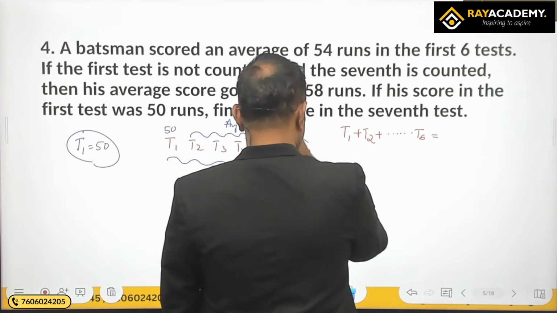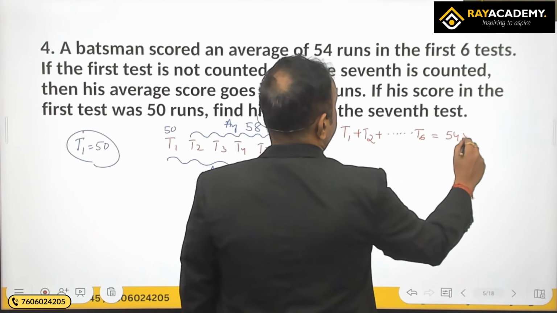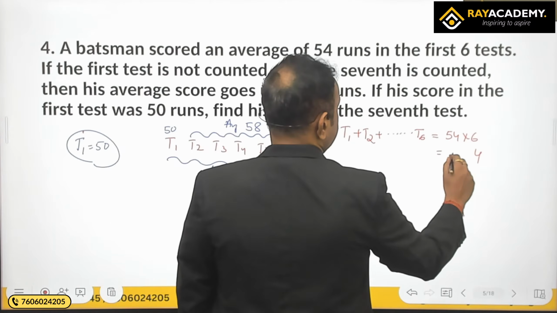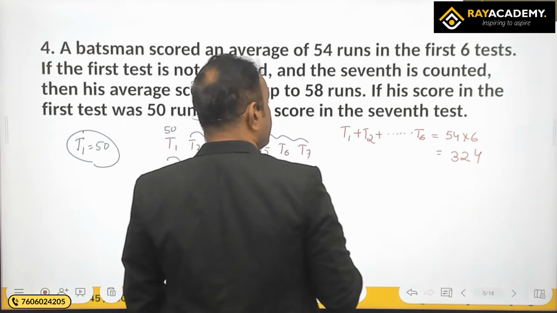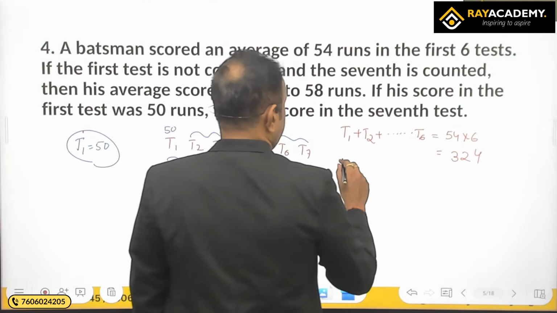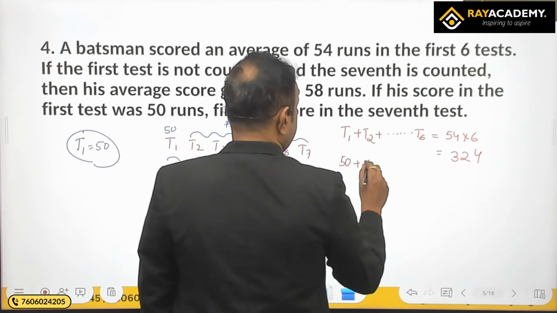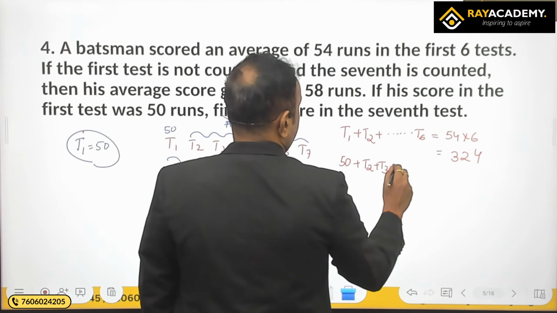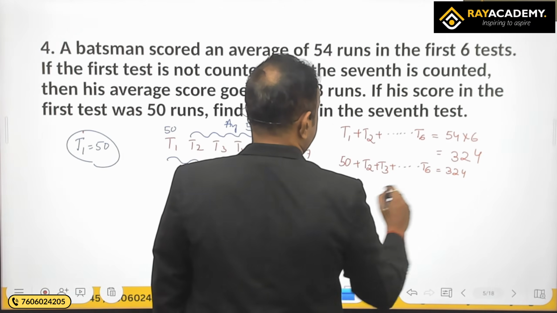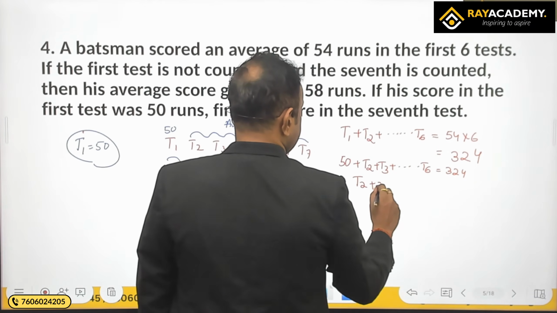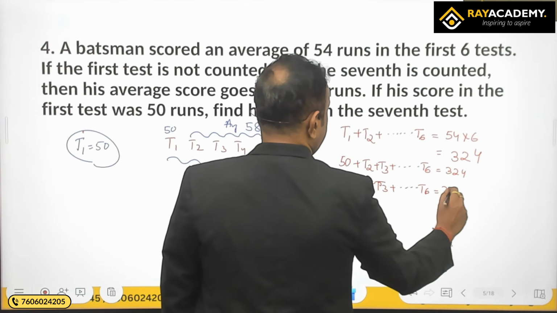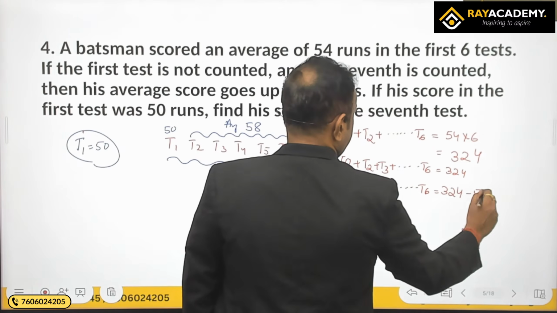Their average is 54, so you get 54 into 6, which is 324. We know T1, so put 50 plus T2 plus T3 up to T6 equals 324, so T2 plus T3 up to T6 equals 324 minus 50, that is 274.